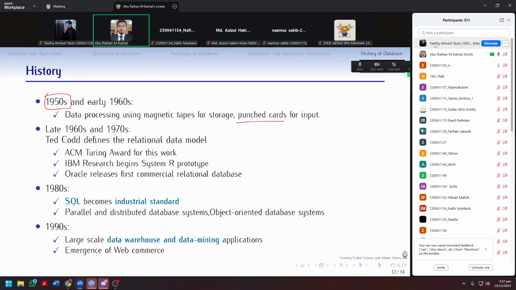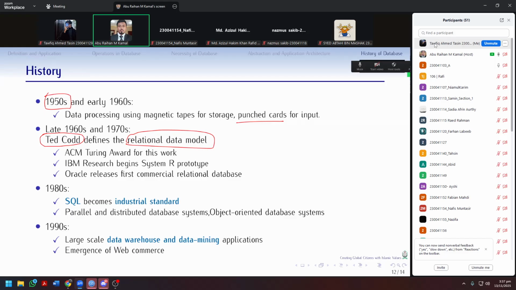Then the basic relational data model was actually coined by a very famous computer scientist. His name is Ted Codd. He is very famous in the area of data science. Ted Codd was the first to propose this concept of the relational data model. And for his revolutionary work, he was awarded the highest award of computing.